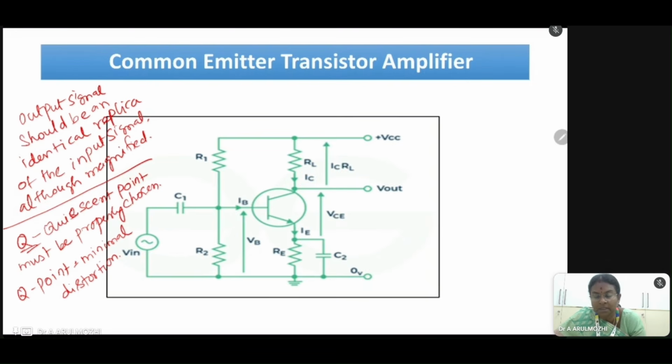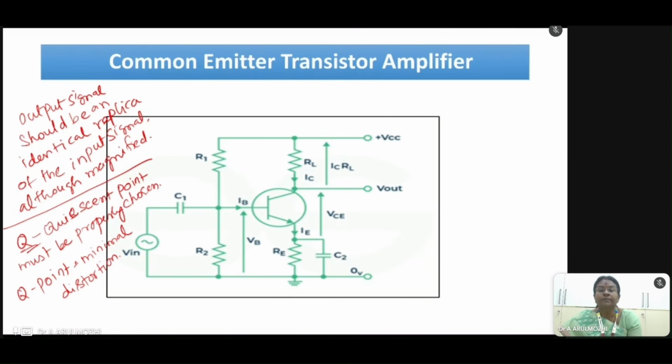It is nothing but the quiescent point. The Q point must be properly chosen to get minimal distortion. This is the amplifier's DC operating point. With the right biasing configuration, we can easily determine the position where, in the case of the load line, we are able to identify the Q point.